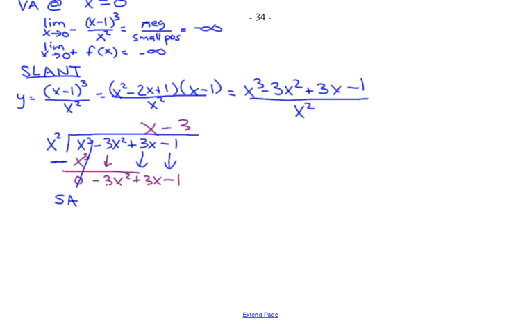Negative 3. Negative 3 times this would give you the negative 3x squared. We subtract, and this would be my remainder. But it's going to approach 0, so all we need is this guy once we get here. I'll see if I can figure out a way to show you after. Okay. So slant asymptote at y equals x minus 3.